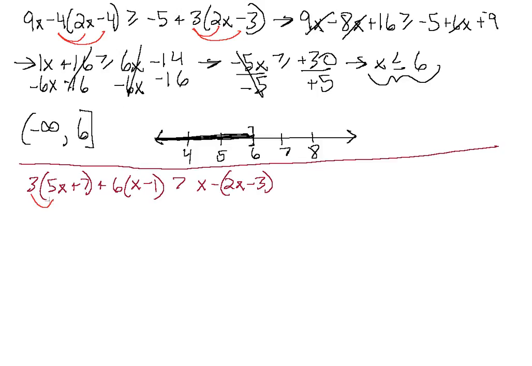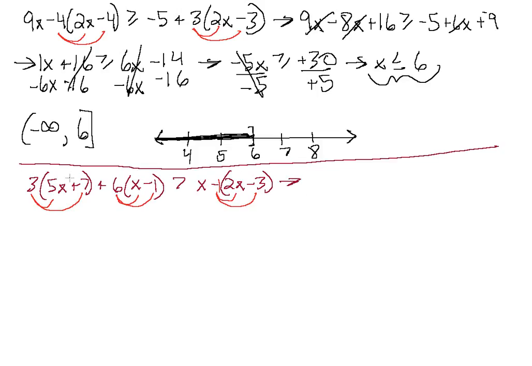Okay, so we got a lot to distribute here. We're going to distribute this 3 into these parentheses, the 6 into these parentheses. Here we can go ahead and write in a minus 1. We're just distributing a negative sign, so it's the same thing as multiplying by negative 1, and we can distribute it into those parentheses.